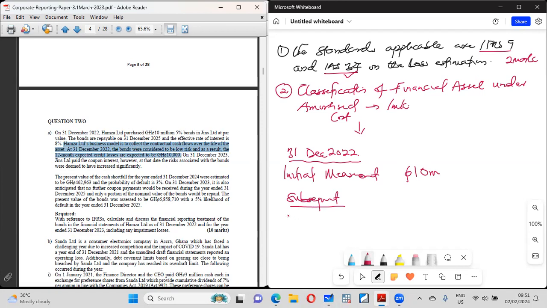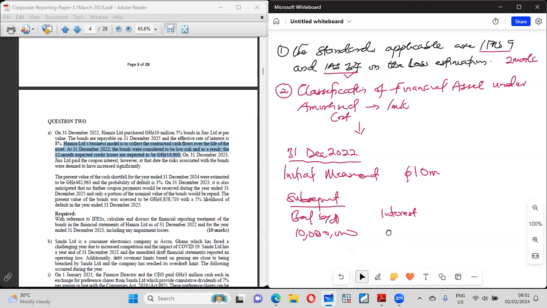So as at 2022, our balance brought down is how much? It's 10 million. Wow, this is 10 marks free of charge. Interest income: this is low risk, so you won't net it.